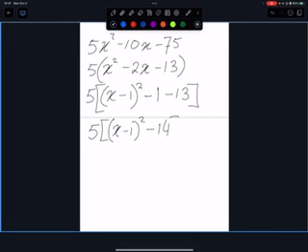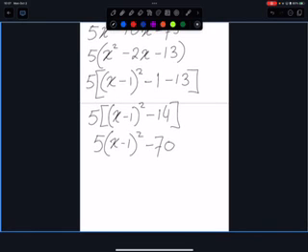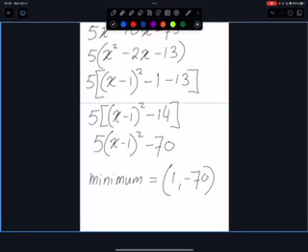Minus 14, and then you still have to multiply by 5. 5 times it, so it's 50, 70. So my minimum is at 1, minus 70. That's insane. Can't do minus 7.